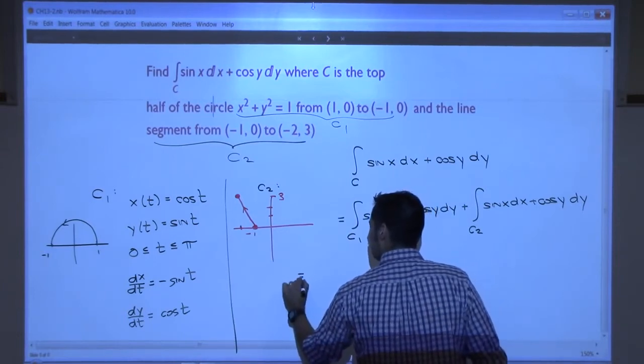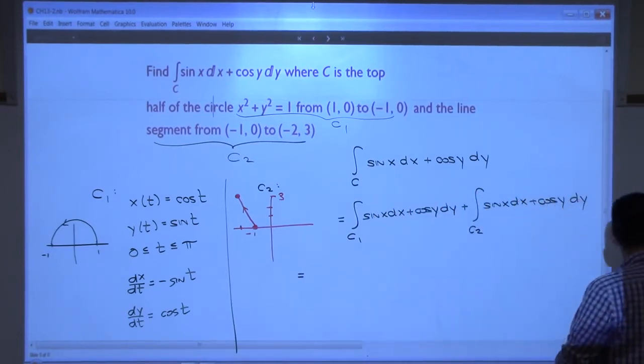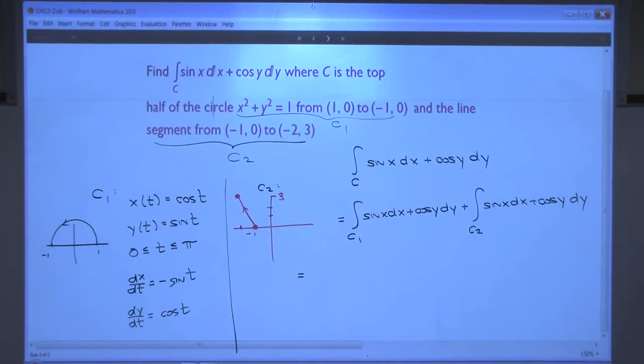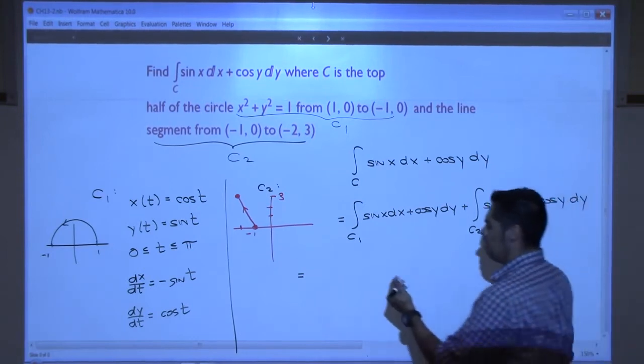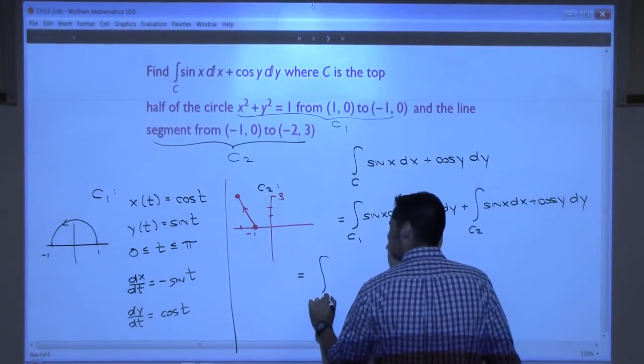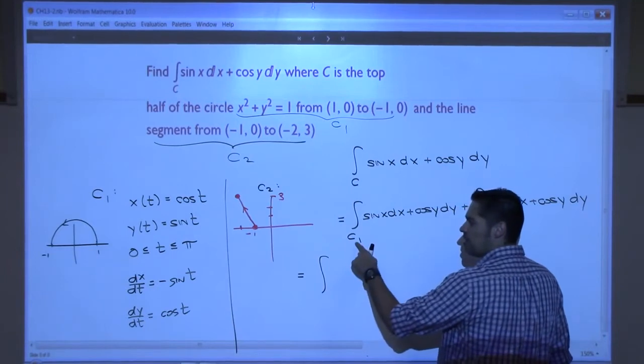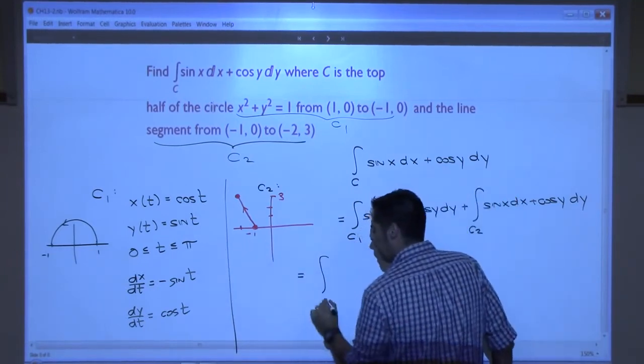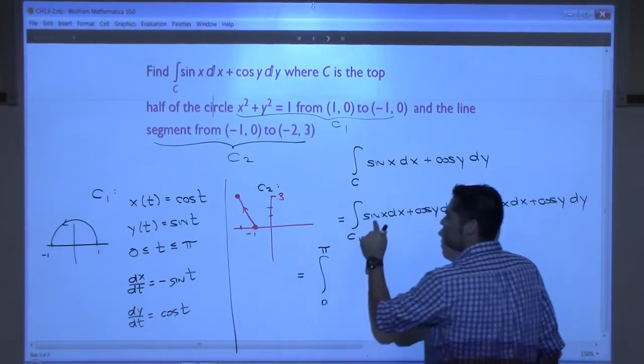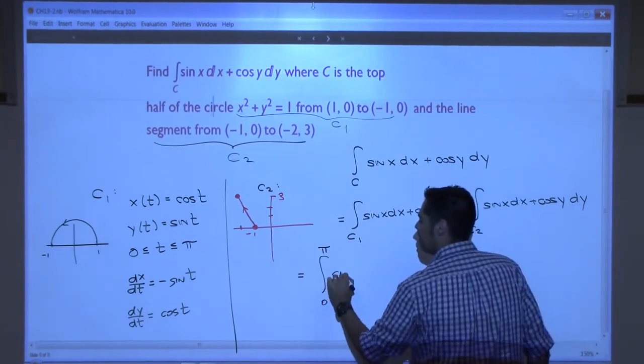This is equal to the integral from where to where? So I'm on C1, so 0 to pi. Sine of x, so sine of what's x?